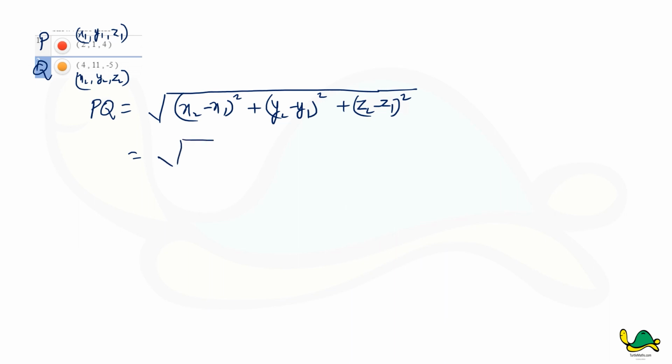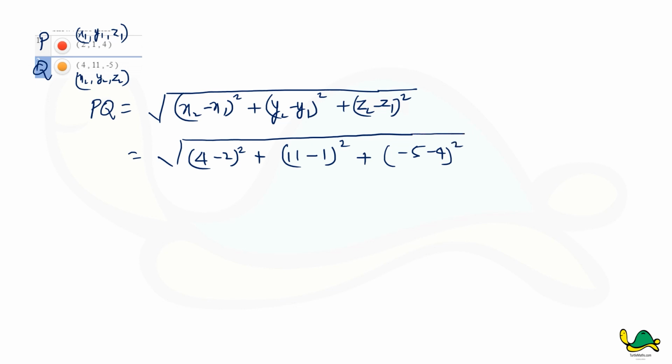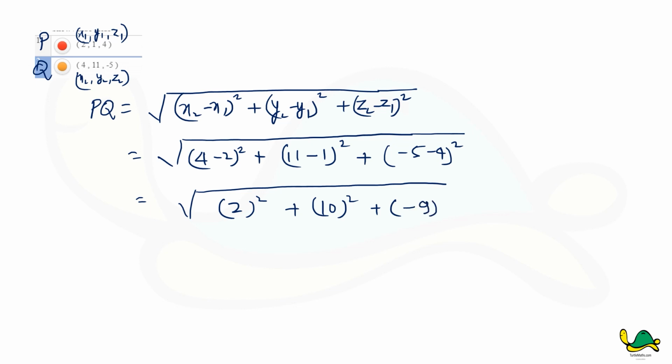Let's substitute these values back in the formula. So 4 minus 2 whole square plus 11 minus 1 whole square plus negative 5 minus 4 whole square. Here we have 2 whole square, 10 whole square and negative 9 whole square.